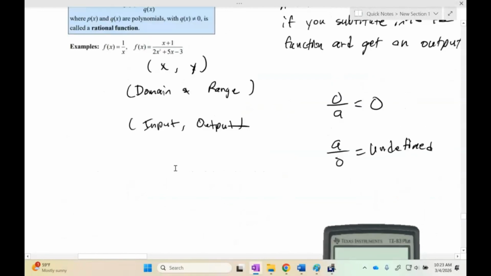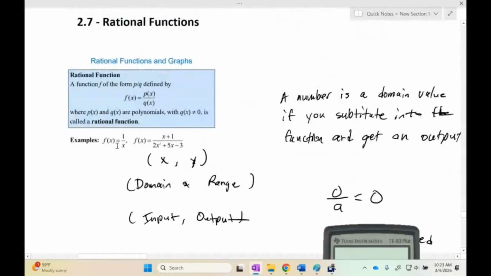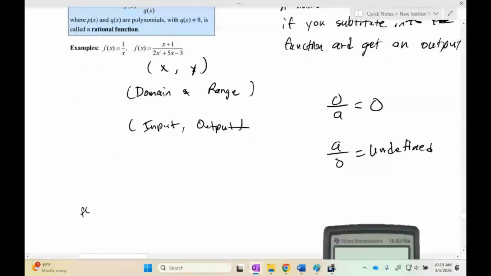So what does that mean? All right, well, let's take a look at this equation. F of x is 1 over x. What's the degree of the numerator? It's probably been a minute. This kind of goes back to beginning algebra. The degree of the polynomial is just the largest power on the variable.